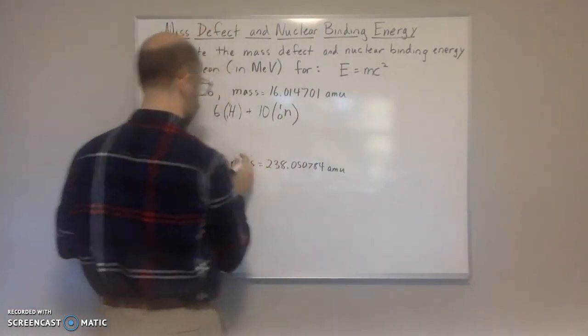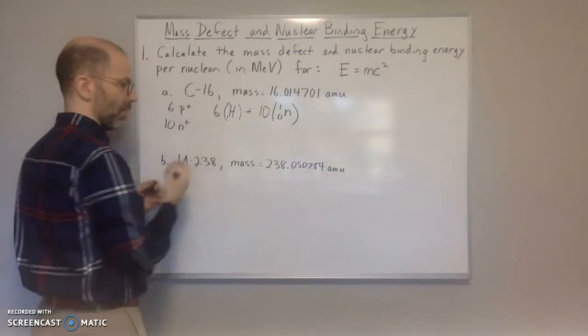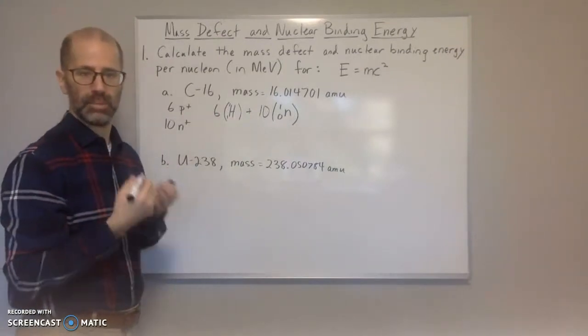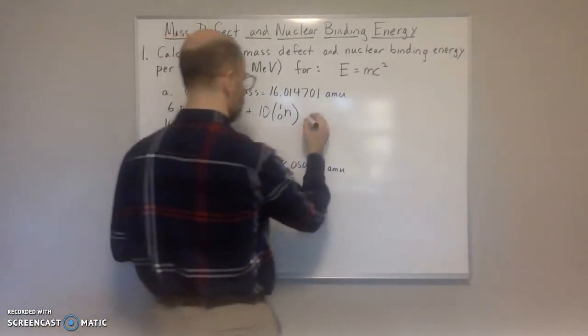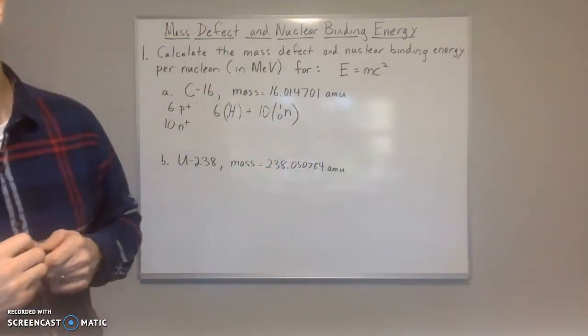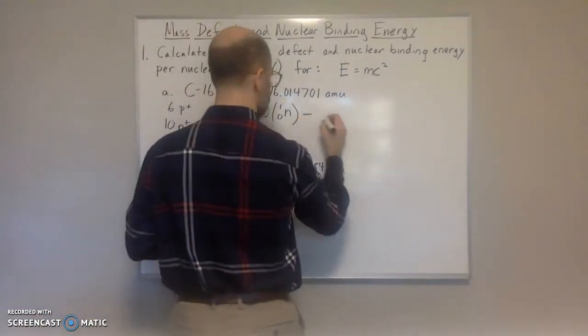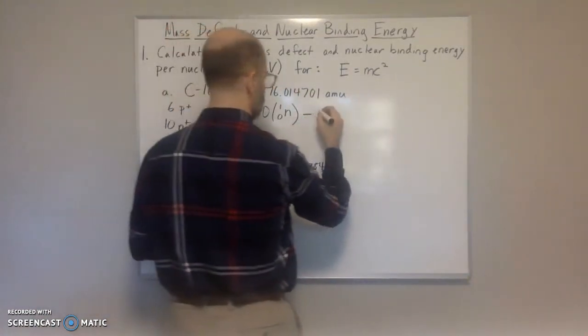That's the symbol for a neutron, and the symbol for a proton, which is basically a naked hydrogen atom. It's the hydrogen nucleus without the electron. And we're going to have to subtract out the mass of our carbon 16.